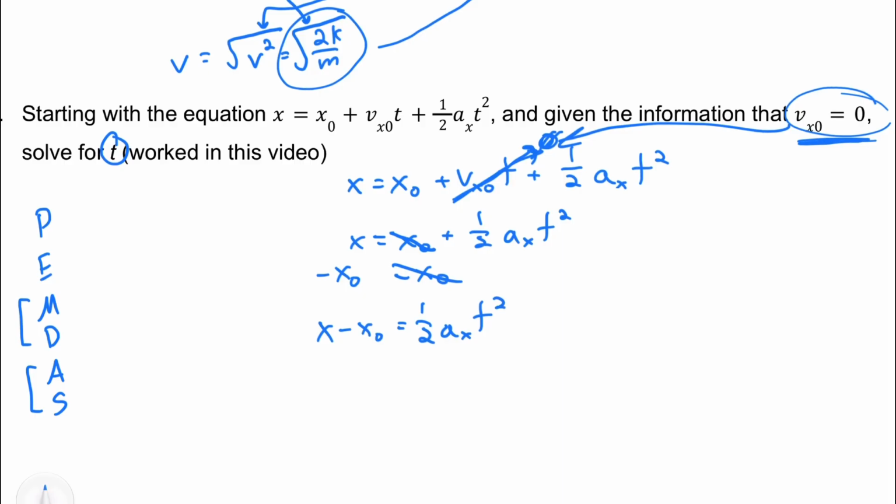Great. Now to isolate t, we've got a bunch of things. So we did our addition and subtraction. There's nothing else being added or subtracted to that term that has t in it, right? But there are a few things that are either being multiplied or divided by, however you want to treat these operations, right? The first one is the 1/2. Let's pretend that's division, right? So let's say this whole thing is being divided by 2.